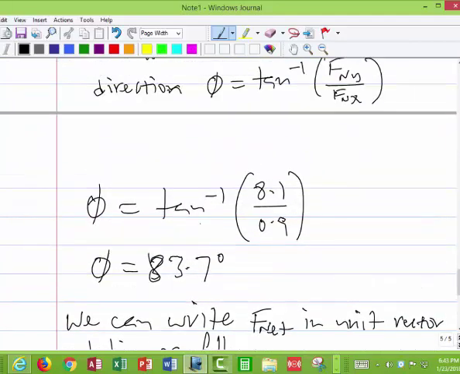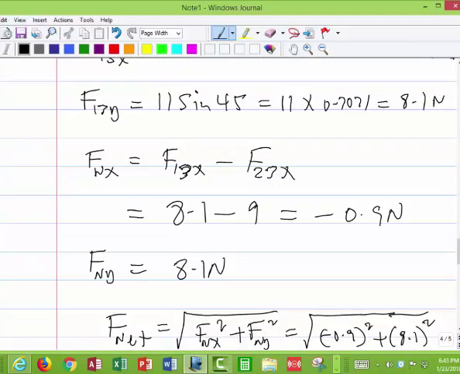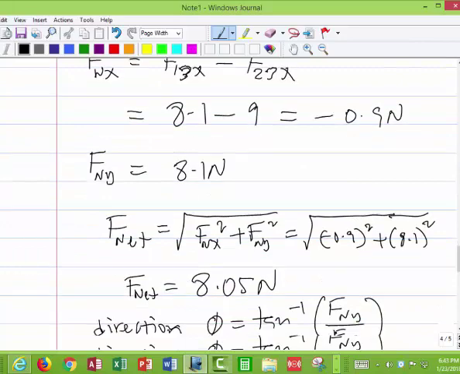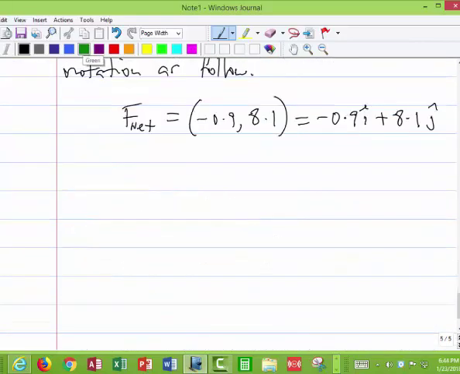Let me see. F13x, F23x. Okay. So this is the charge 3, and so the x component is negative 0.9. The y component is 9, something like that.